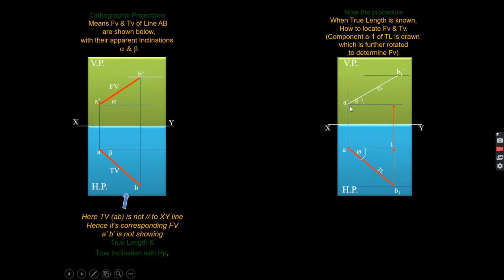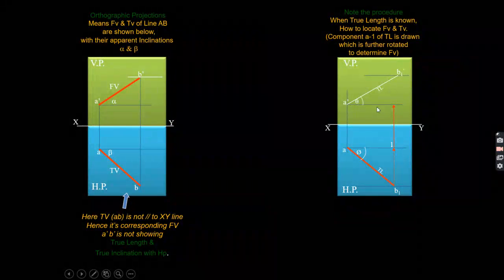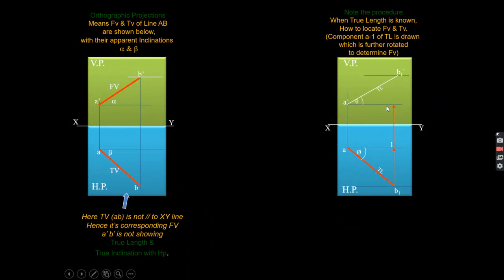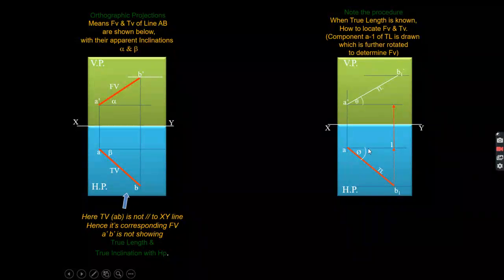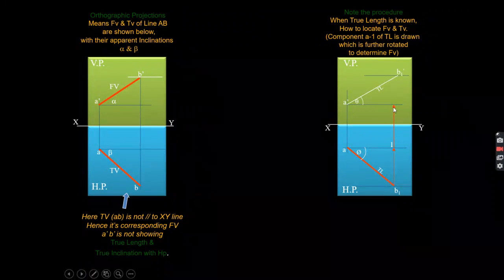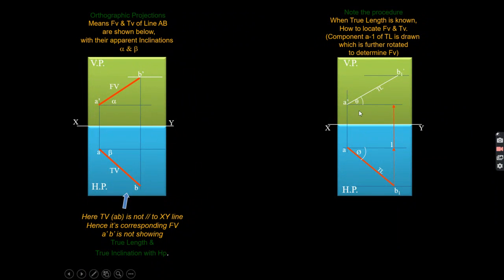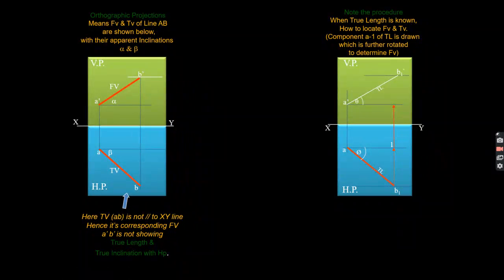So this is how we are getting the length of the projected line. When this is 45 degree, then this length will be nothing but the 50 mm. If you are taking the length of the line as 50 mm, then this line will be 50 mm into cos of 45 degree. So this is how we are getting the length of the projected line.